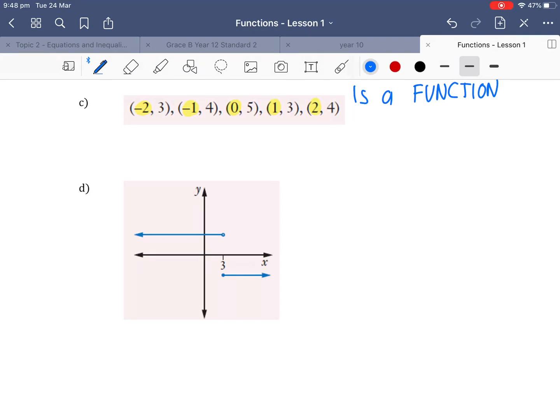And D. This one's a little bit tricky. The open circle at x equals 3, which you should have learnt about in equations and inequations, on the top line means that x equals 3 is not included. It's like when we have greater than or less than, but not equal to. While the closed circle on the bottom line means that x equals 3 is included on the line. So it's when we have less than or equal to, or greater than or equal to.